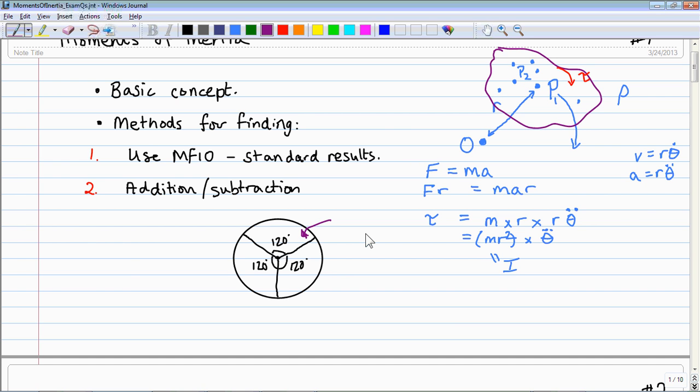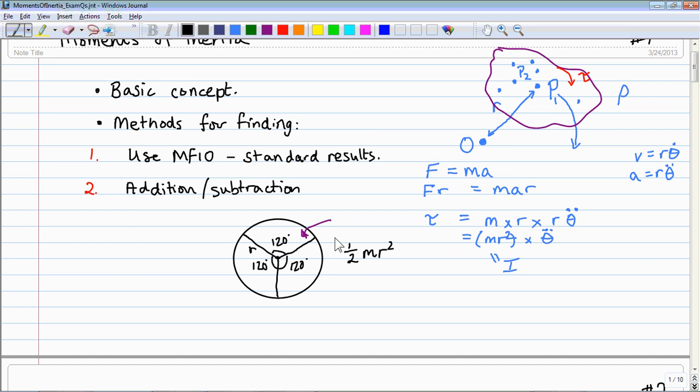So here we can use the fact, actually we're going to use the next method as well as the addition and subtraction method here. I mean, you could try guessing it. I'll tell you right now that the formula for the moment of inertia of a disk of radius r about a perpendicular axis through its center is 1/2 mr squared.